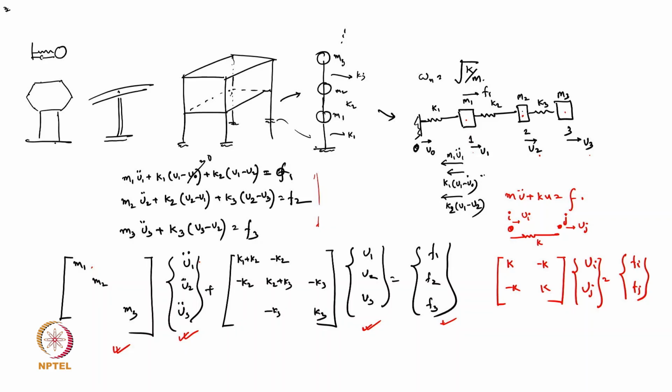For example, K1 I will come to last. Start with K2. K2 is connecting which two degrees of freedom? U1 and U2. So here you can write U1, U2, and here also U1, U2.